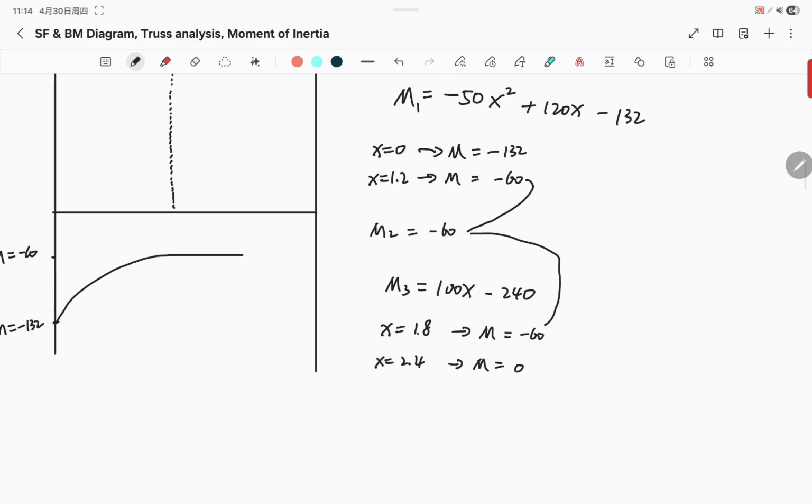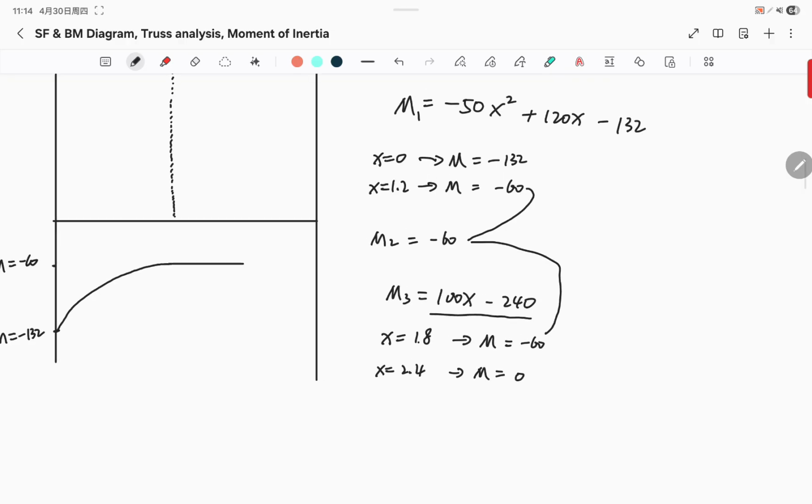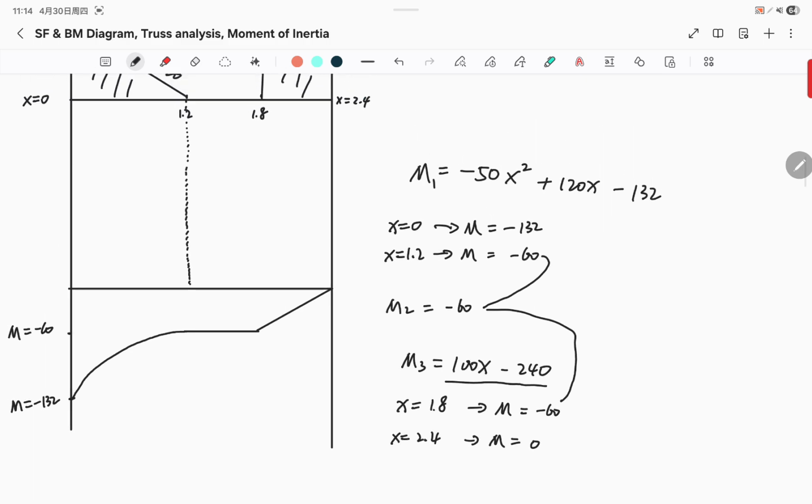And this relationship tells me this is a linear line, and it goes up, which is what we have, right? We are at -60 now, and it goes to M equals 0. This is indeed an increasing slope. So the algebra is correct, the logic is correct.